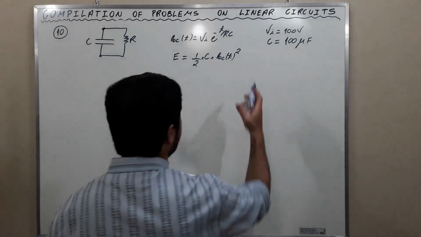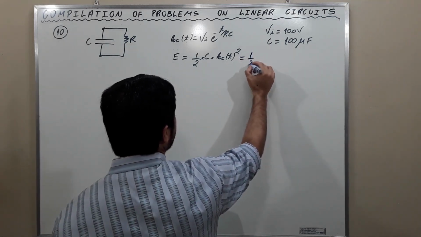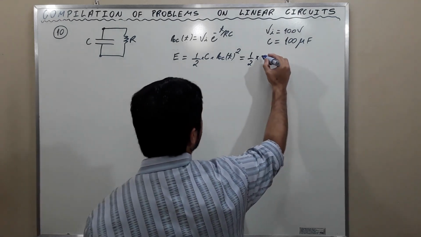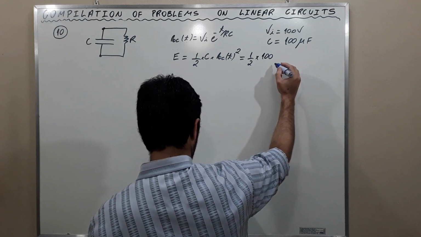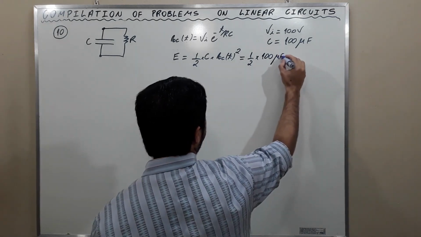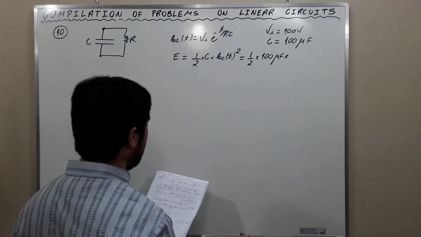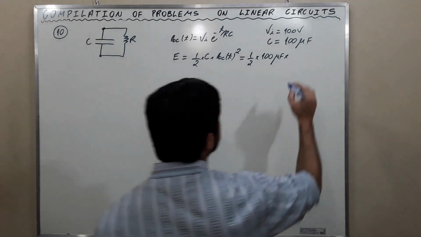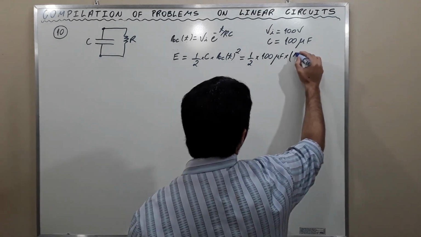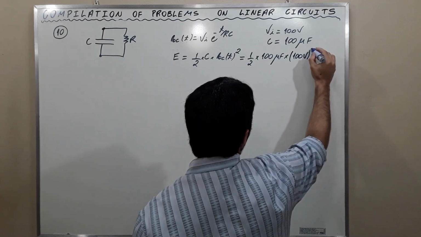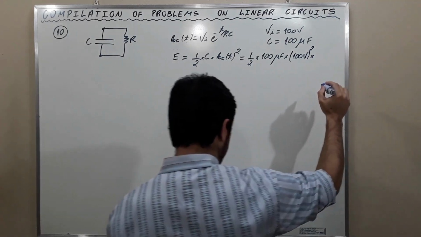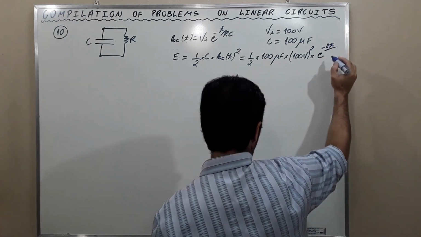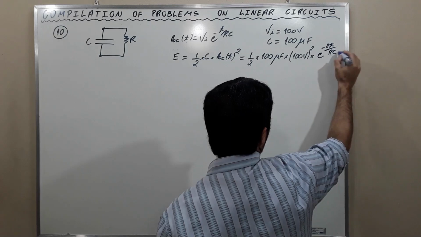Okay, it is going to be equal to a half times the value of the capacitance, 100 microfarad times VI, 100 V squared times e to negative 2t over RC.